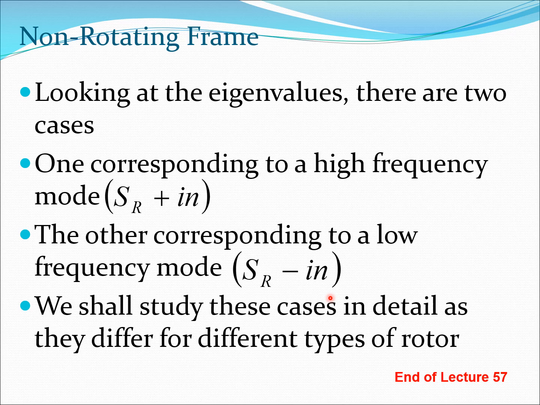Specifically, you are going to get a different result for a hingeless rotor and an articulated rotor, because the nu beta value in some cases is very close to 1, and in some cases is quite far from 1, and that leads to a different situation in terms of the complex roots. So we are going to land up with a high frequency mode and a low frequency mode, and also a progressive mode and a regressive mode. In the next lecture I'm going to show this for different types of rotor, and we are going to look at a specific case of a four-bladed rotor and investigate this aspect further.